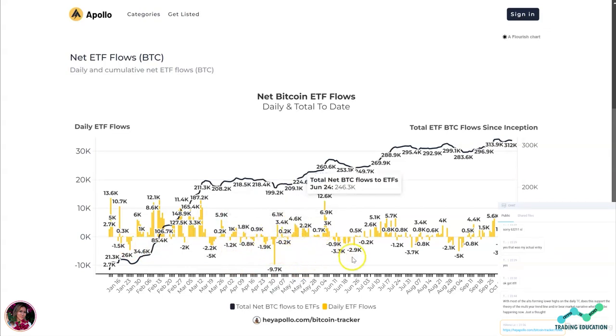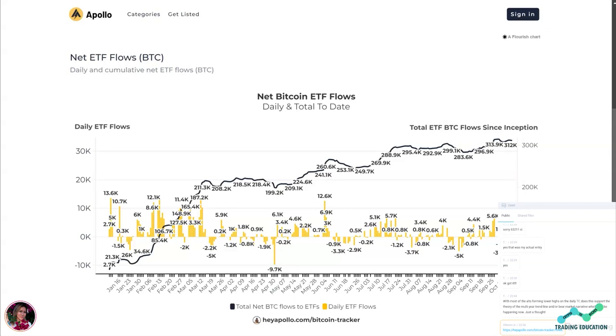However, let me tell you, what we actually see is the complete opposite. So let me say this again. Any analysis that focuses on ETF flows as a way of determining where the market is going to go next is absolutely useless.